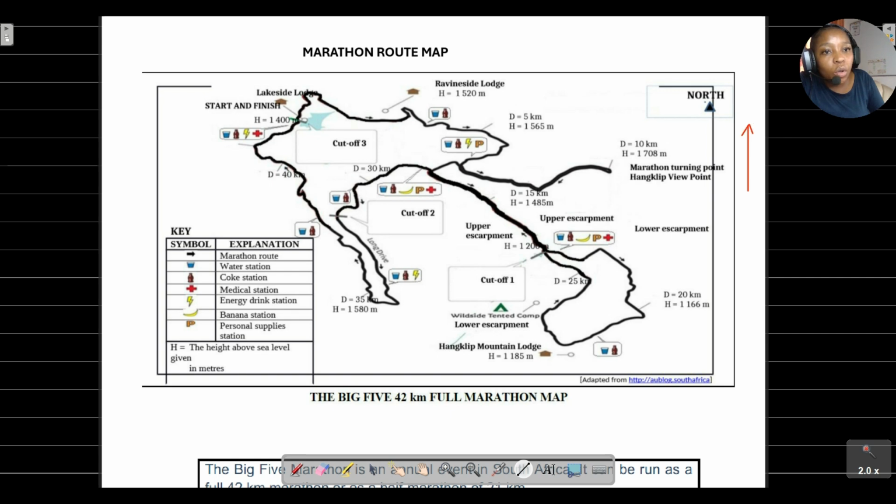If north is upwards, fill in the other cardinal points, moving in a clockwise direction. Remember: Never Eat Soggy Waffles, or Naughty Elephants Spray Water. So fill in the other cardinal points, because that information will most definitely come in handy when it comes to the questions that are going to be given to us.